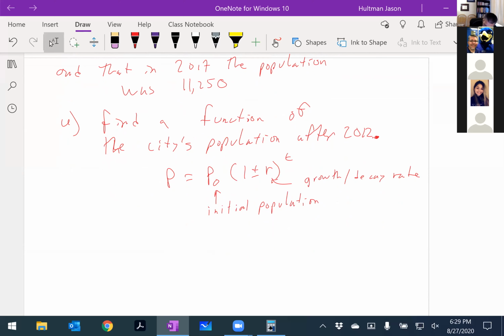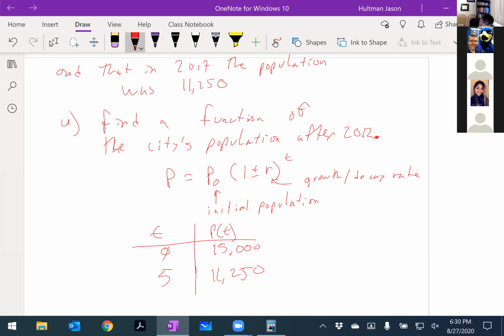We're given that at time t equals 0, the population P of t is equal to 15,000, and then 5 years later, it is 11,250.